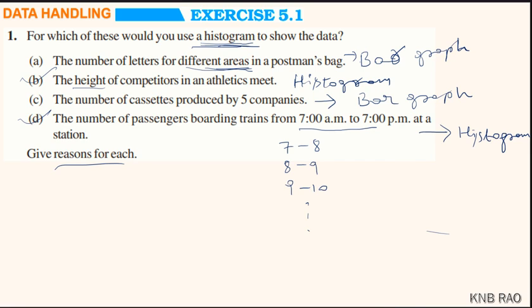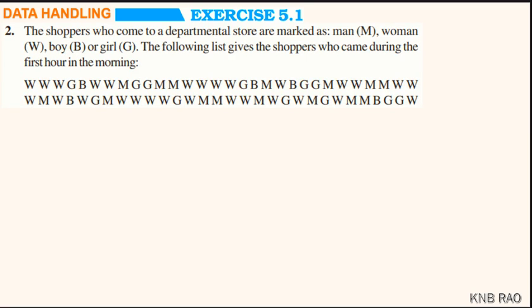Now coming to question number 2. In question number 2, we are given data of a shop where the shoppers who come to the departmental store are marked as man, woman, boy, girl.